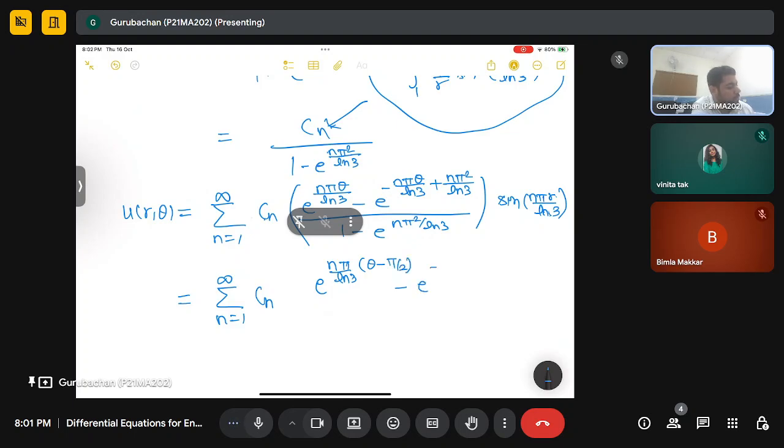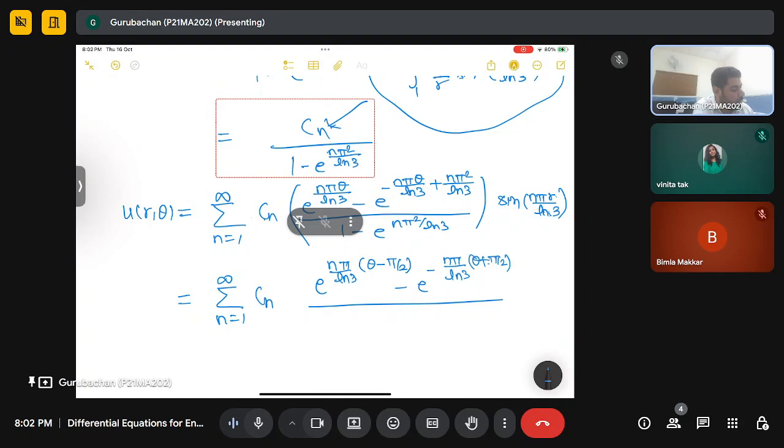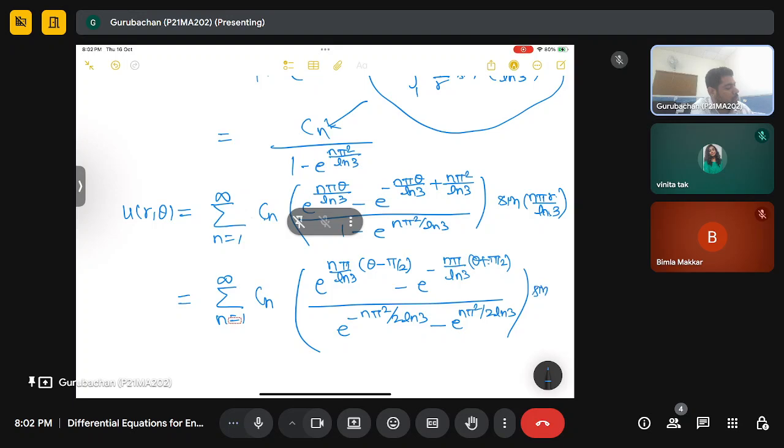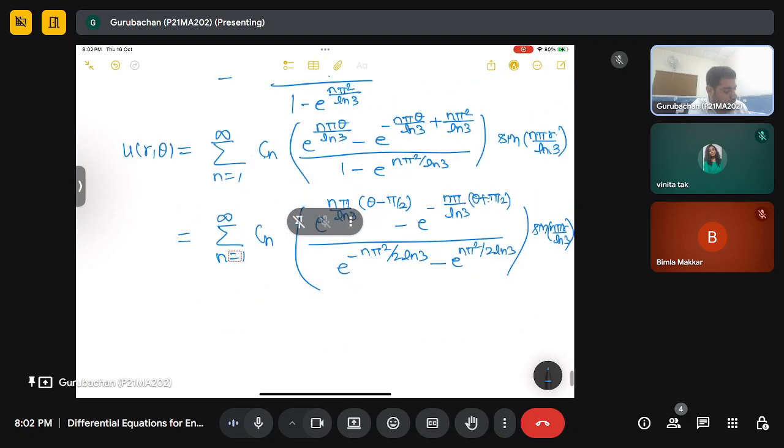Next is, since I am multiplying by minus, it will be nπ/ln3 times (θ + π/2), divided by e to the power minus nπ²/(2 ln3) minus e to the power nπ²/(2 ln3), into sin(nπr/ln3).